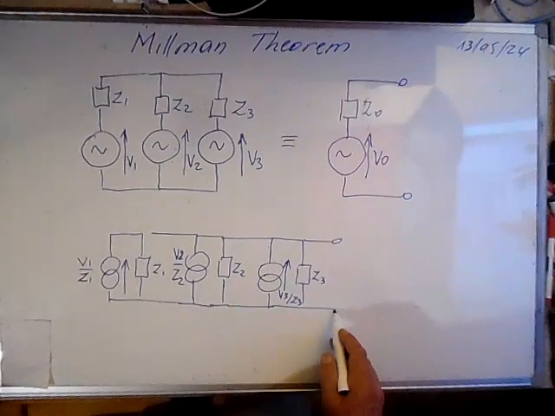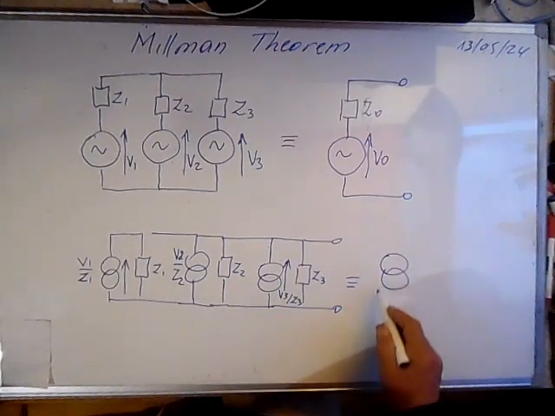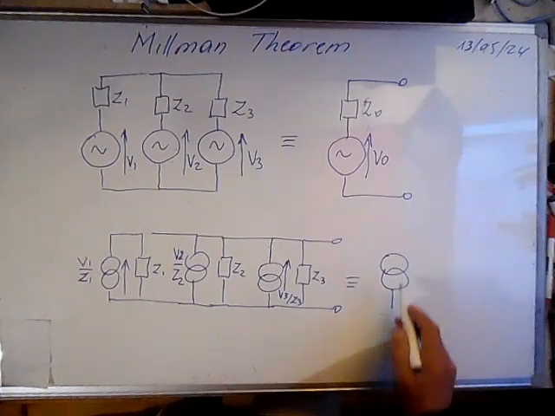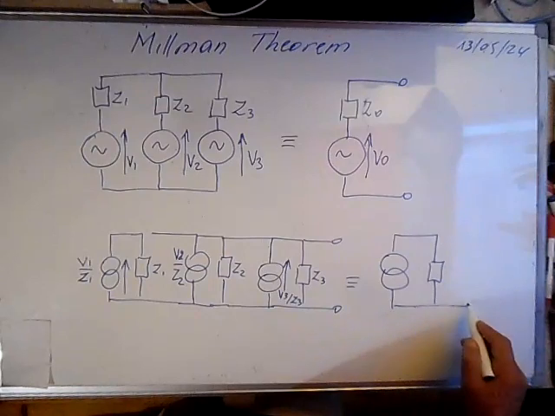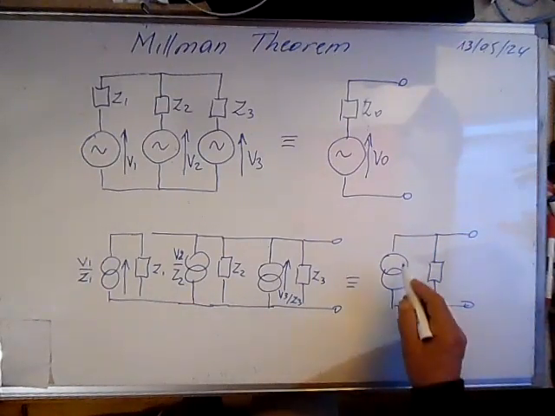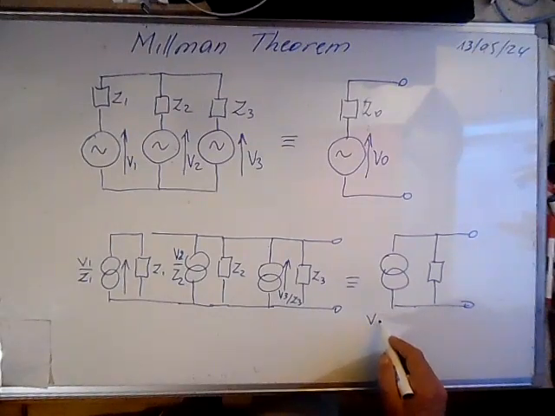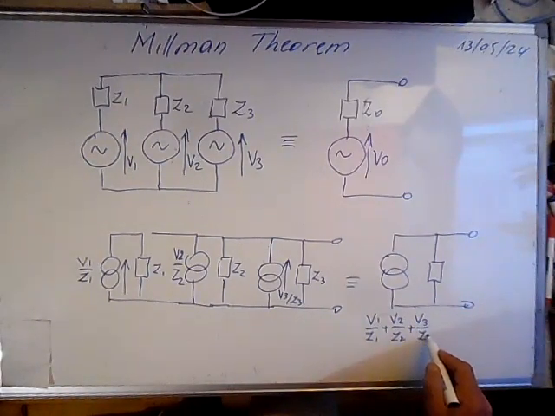Okay, so it means we can say that these three current generators, we can transform them to a single current generator, where here we have V1 over Z1 plus V2 over Z2 plus V3 over Z3.